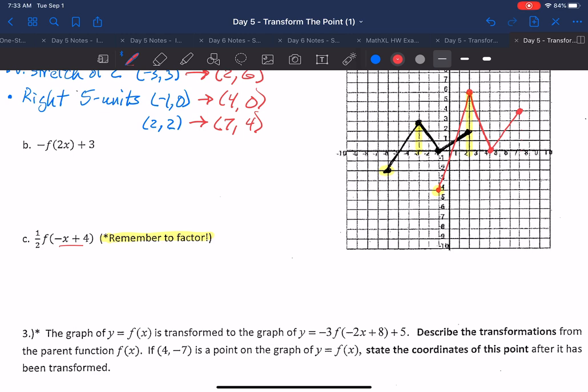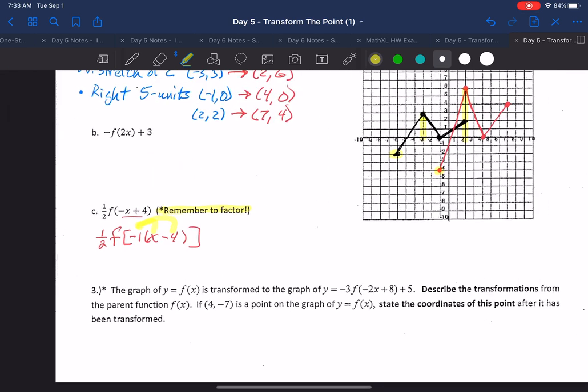What that means is you're going to write 1/2 f, and I don't care if you use brackets or double parentheses, (-1)(x, what goes here? Minus 4). When you distribute this -1 to here and this -1 to here, you should get back what you had up top. Now you can describe the transformations and move on. Okay?